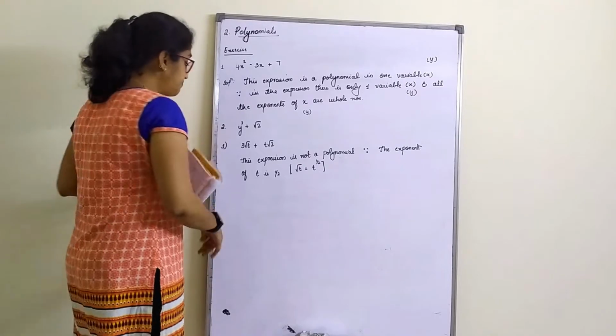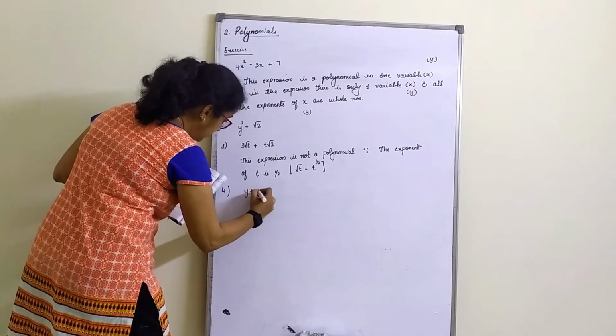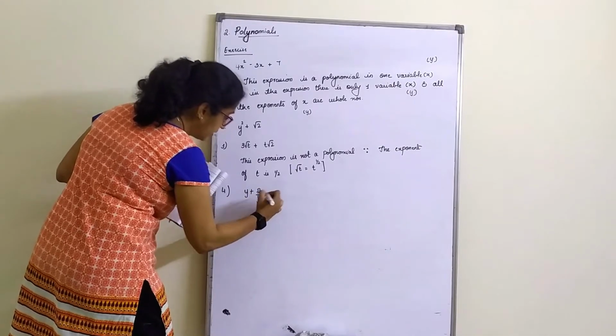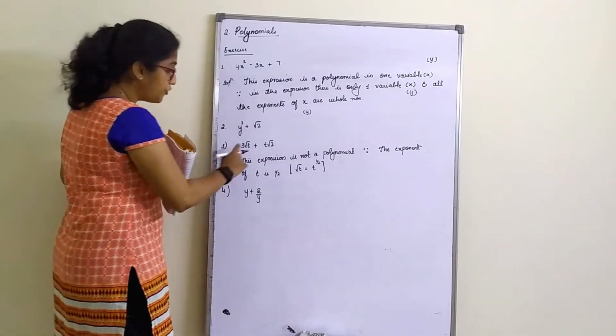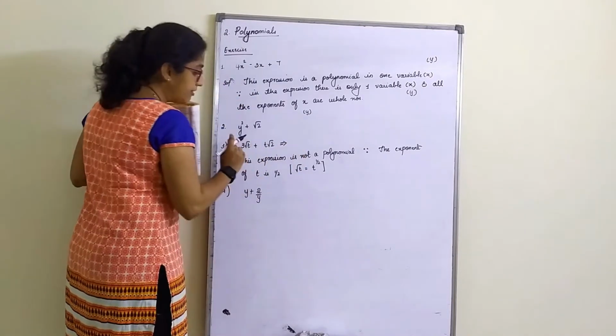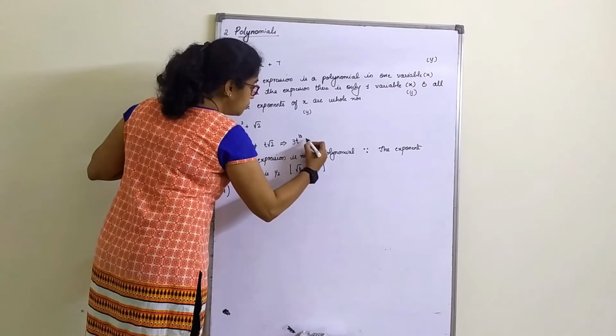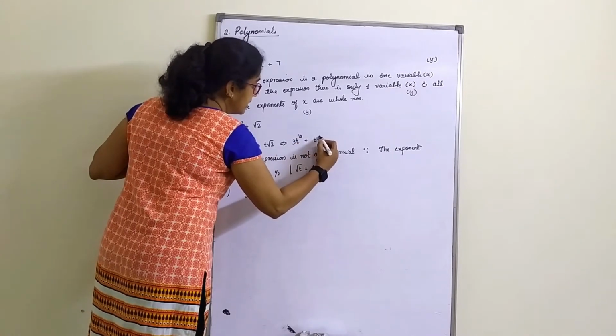Let's go with the fourth one. It is y plus 2 by y. If you want, we can rewrite the previous one as 3 raised to 1 by 2 plus t root 2.